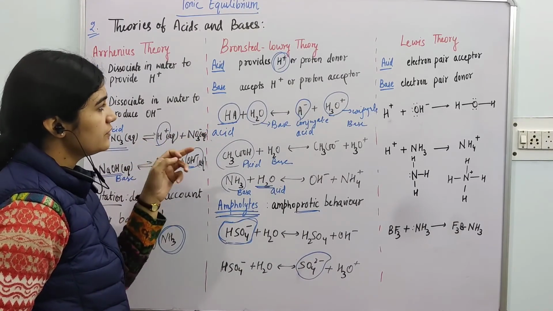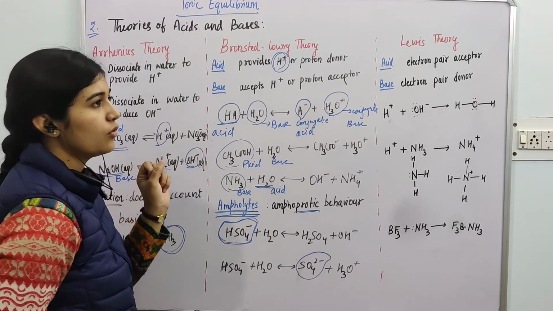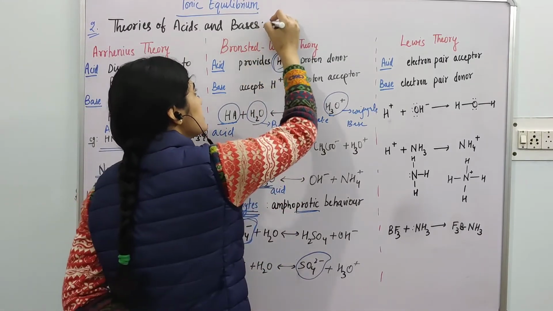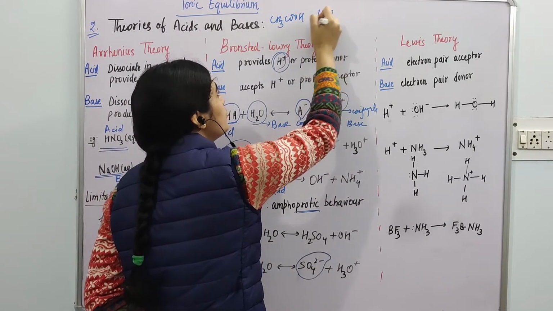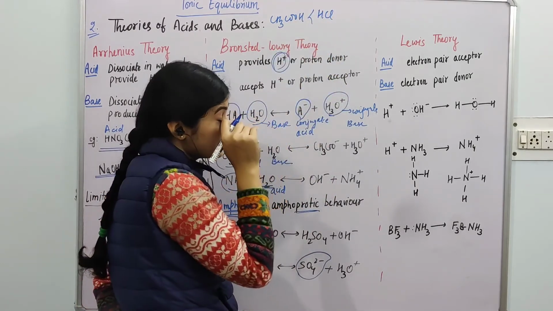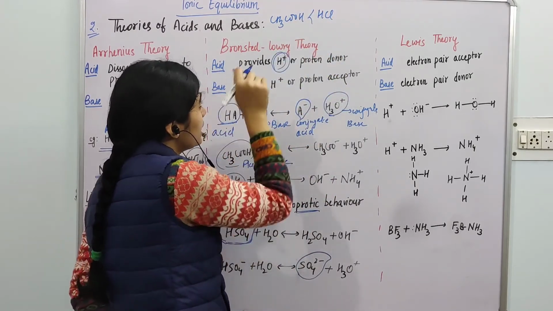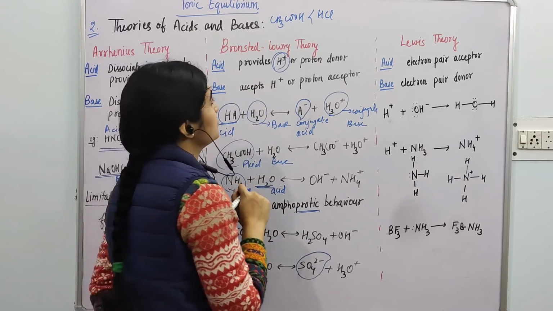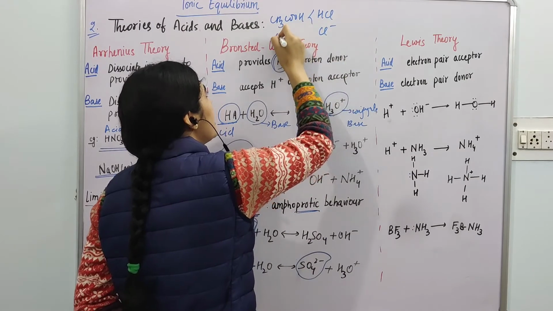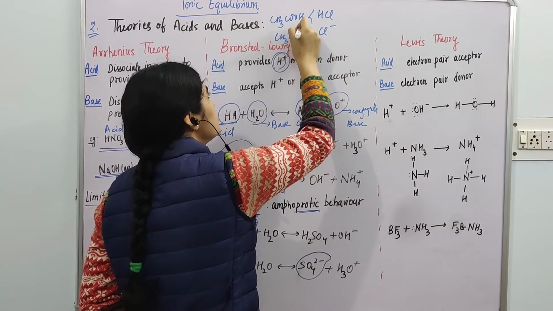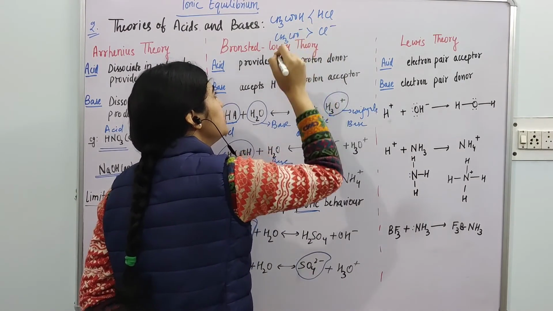For example, if you compare the acidity of your acetic acid and HCl, all of you know HCl is more acidic as compared to acetic acid. But if you take its conjugate bases, it will be Cl negative and CH3COO negative. The relation will be reversed.